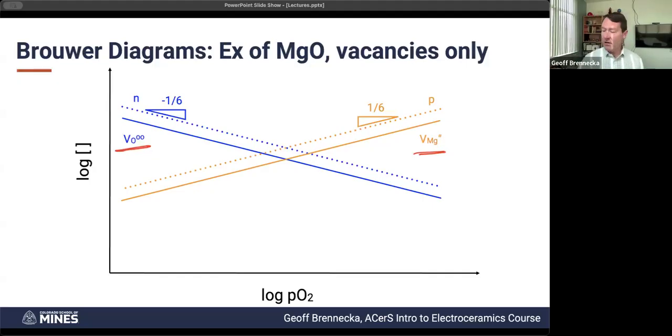And just as a reminder, magnesium vacancies dominating at high PO2 does not mean that I'm actually boiling out magnesium. It means if I've got this lattice and I'm at a really high PO2, I'm actually adsorbing oxygen onto the surface.